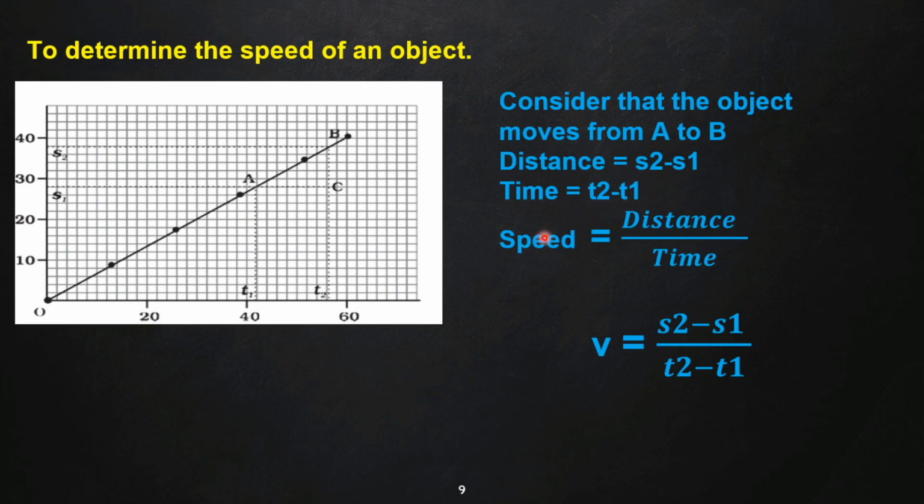We know from the formula of speed that speed is equal to distance upon time. So, in terms of symbols, we can write V is equal to (S2 minus S1) upon (T2 minus T1). This can be represented as the slope of this line.